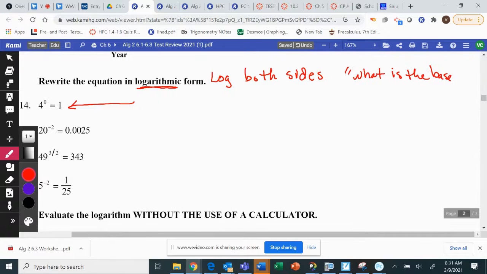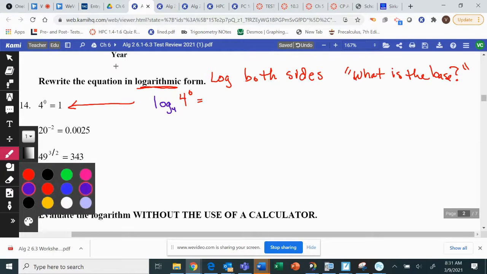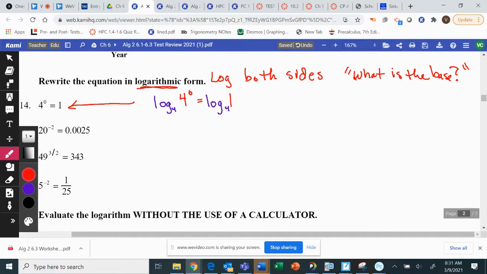I asked myself, and somebody answered it correctly. What is the base? And for number 14, the base is 4. So I'm going to log both sides with a base of 4. So I put log base 4 on both sides.